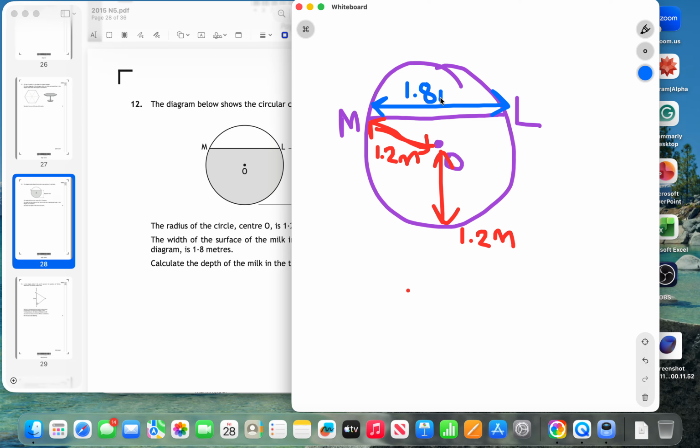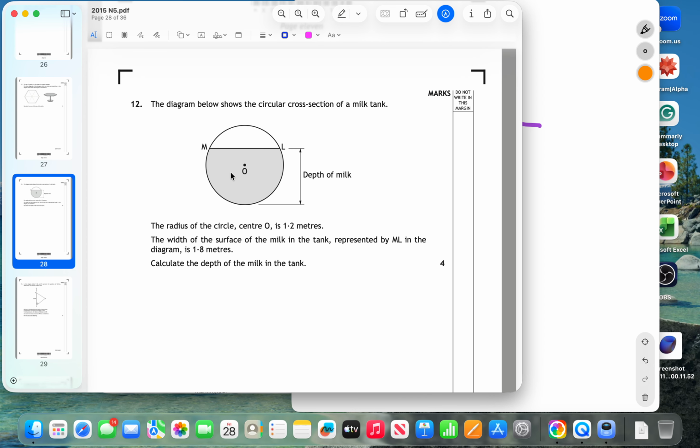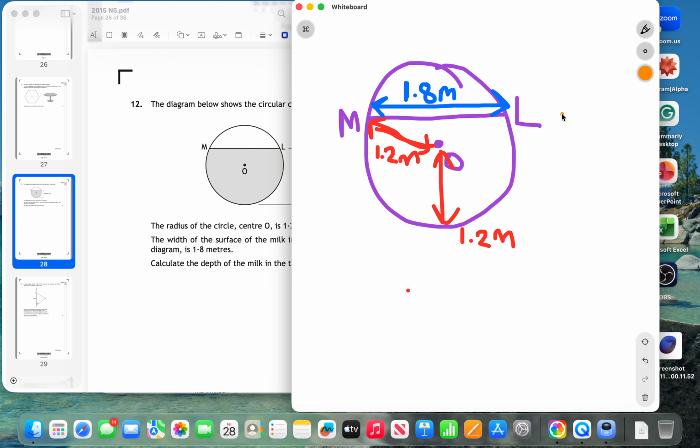And you're probably thinking, what does this information mean, and what do I do with all of this? Now, what we have to find is this. I'm using a lot of colours just so you don't get confused, because there's a lot of different dimensions in the question, a lot of different lengths.